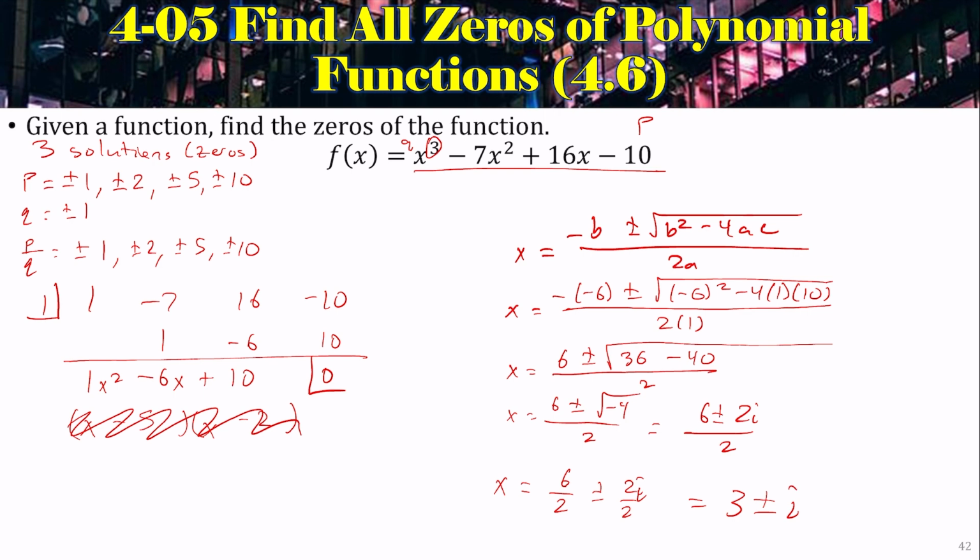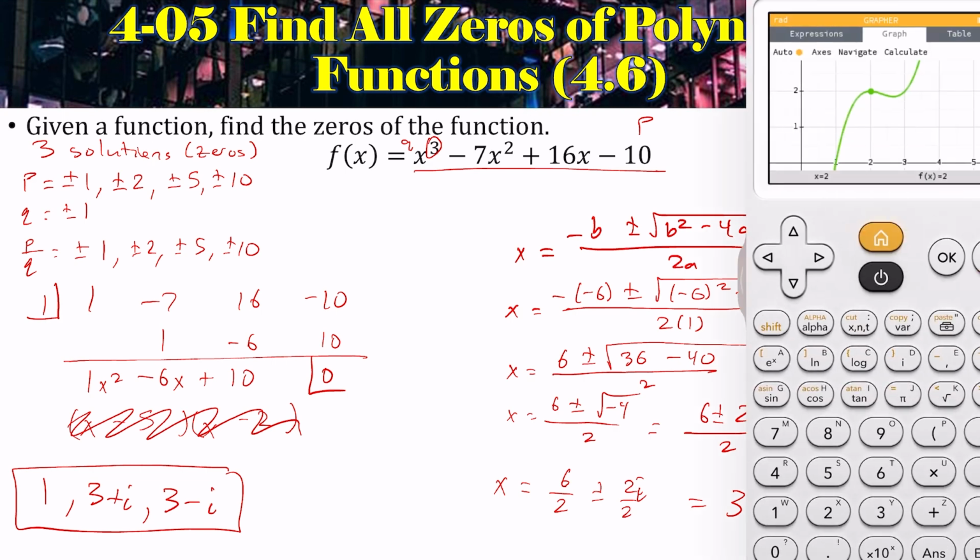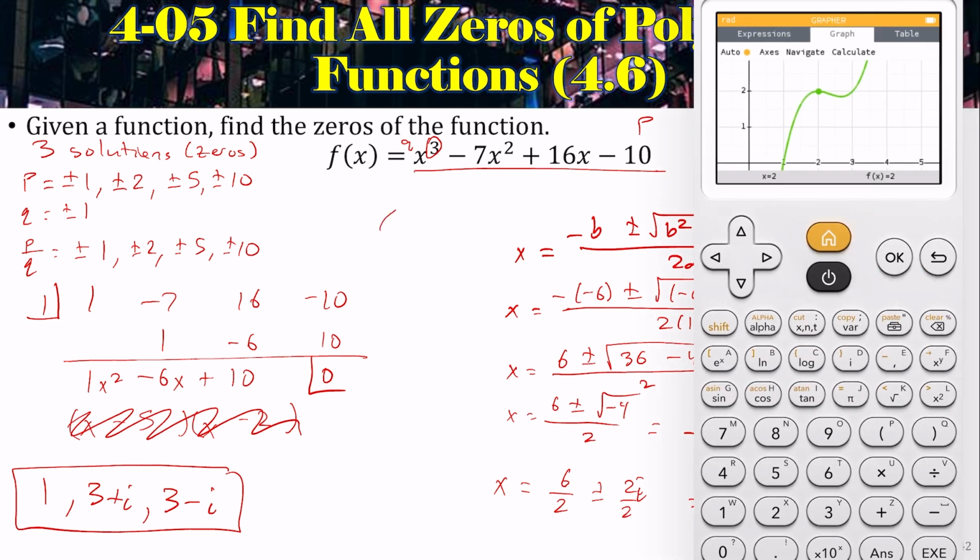So our answers are 1, 3 plus i, 3 minus i. 3 solutions, 3 zeros. Notice on our graph where it starts to come back towards the x-axis right here, that is where the 2 imaginary solutions are.